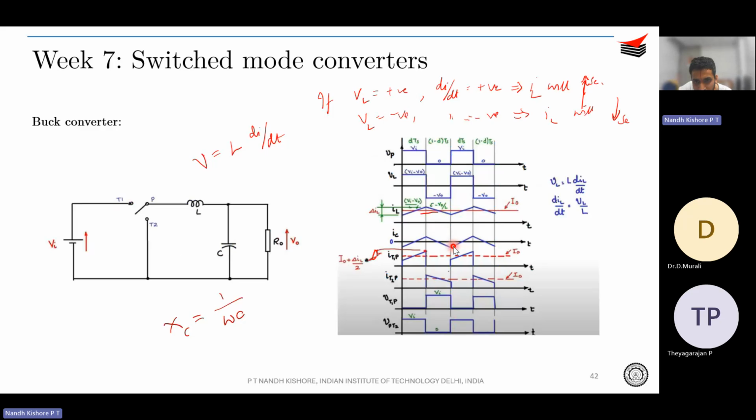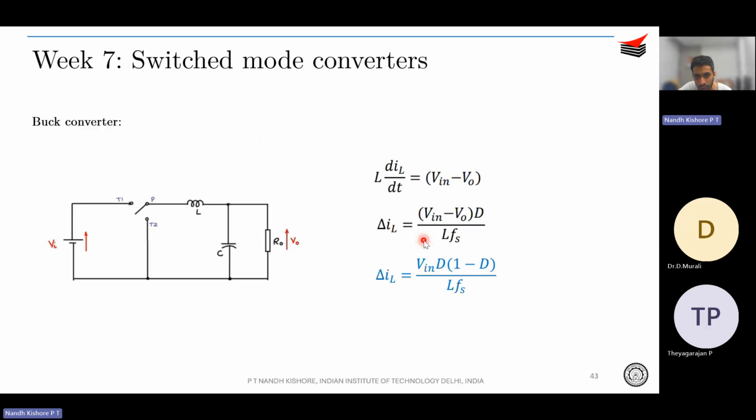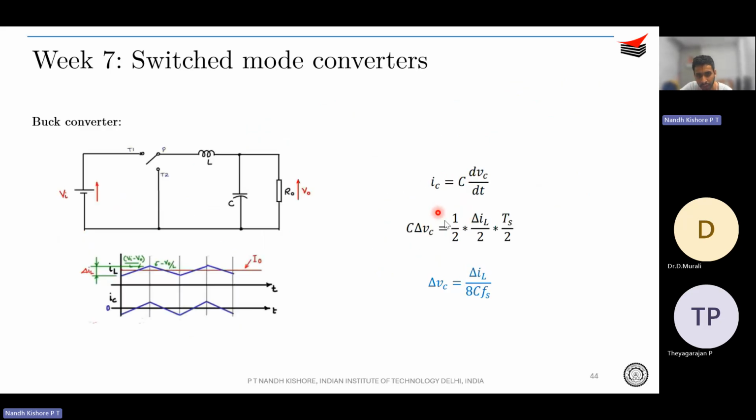If you find out the net positive area or the net negative area, it is basically current into time, right? That is the charge. So that is why we have written it. If you find out the area, it is simply half base into height again. So half into delta I_L by 2 into Ts by 2. So if you do the calculations, you will get something like this.